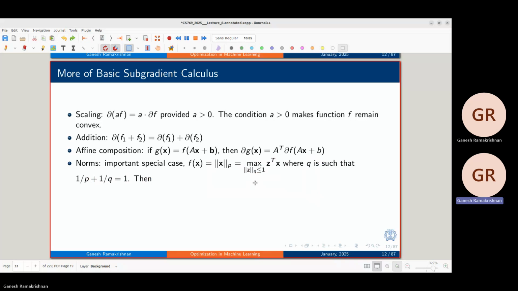Max over 2 norm of u less than or equal to 1 of v transpose u is basically the 2 norm of v. This is the Cauchy-Schwarz version of 2 norm. So we have something called Holder's inequality.